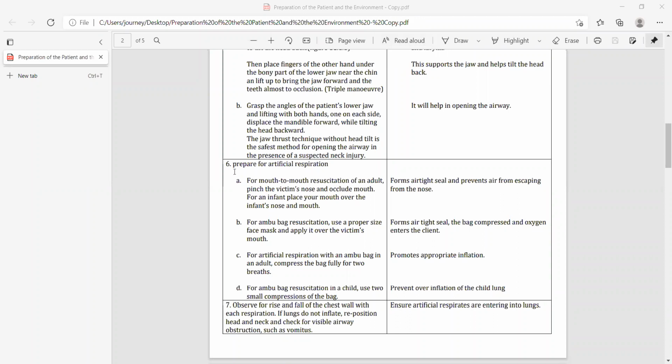Okay, next you have to prepare for artificial respiration. So what is artificial respiration, Gayatri? Artificial respiration. Artificial means what? What is artificial?